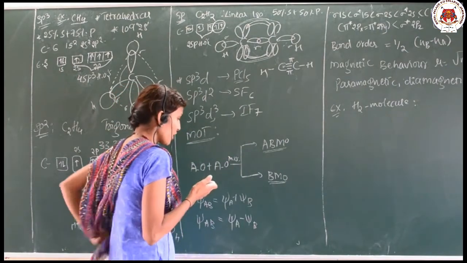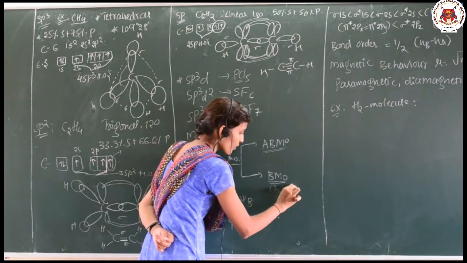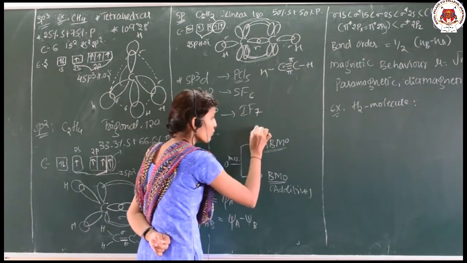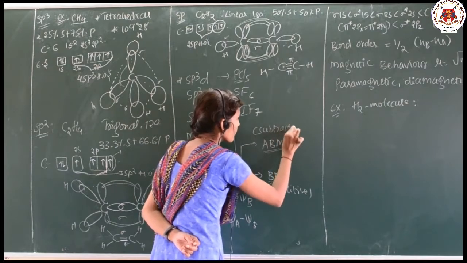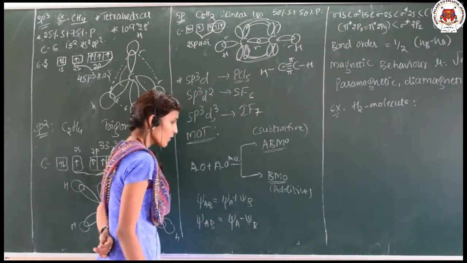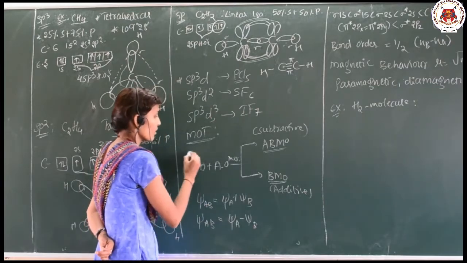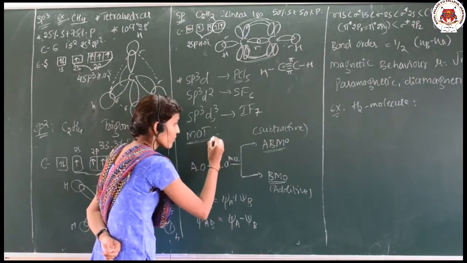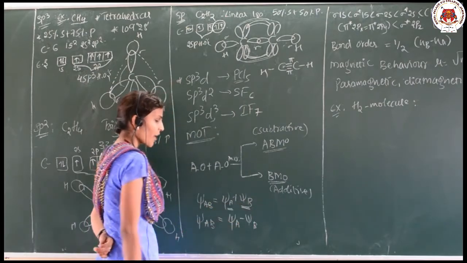Bonding molecular orbital is additive type, while this one is subtractive. See here, psi A and psi B are the combining atomic orbitals.